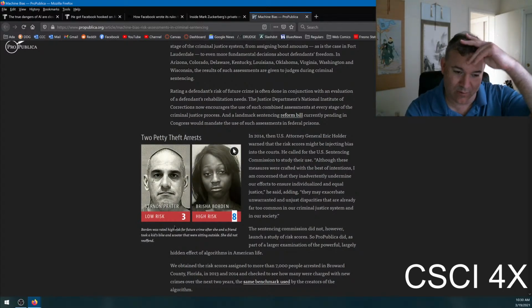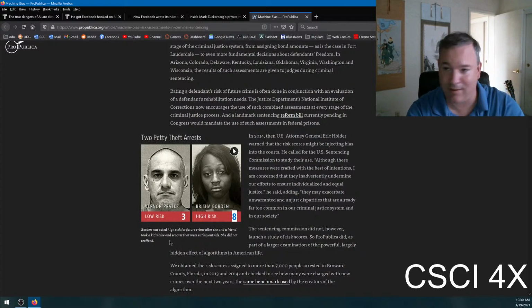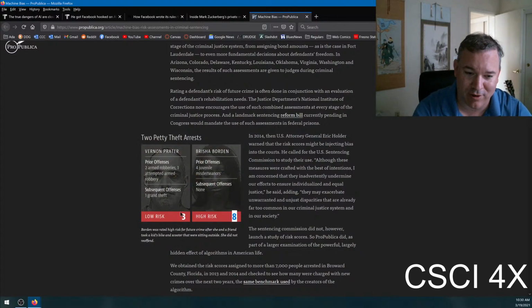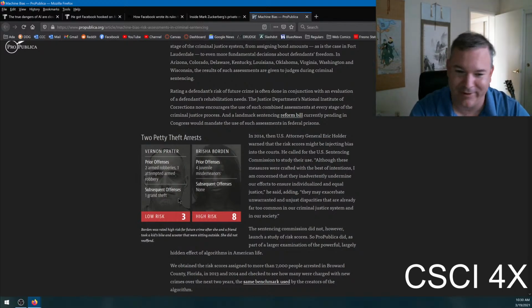And then this guy here was said to be a low risk, a 30% chance. If that's what the number means, I don't know exactly. He had 2 armed robberies and 1 attempted armed robbery. After he was given a lighter sentence because he was considered a low risk, he went on to commit grand theft. Let's just say it's Grand Theft Auto, because there's a video game named after it, right? And she, of course, did not go on to commit anything.